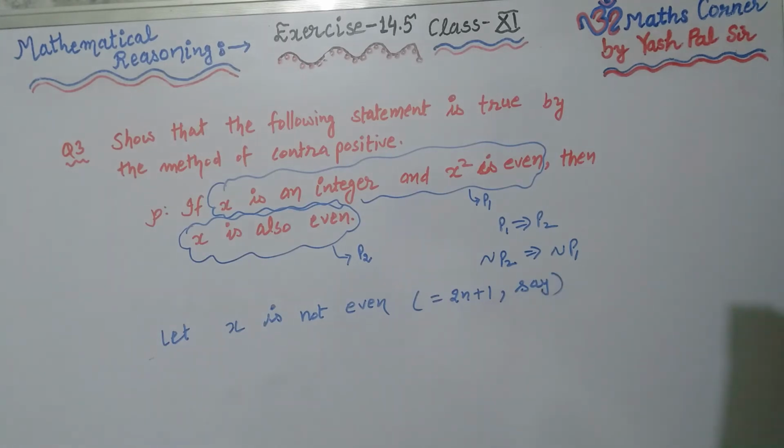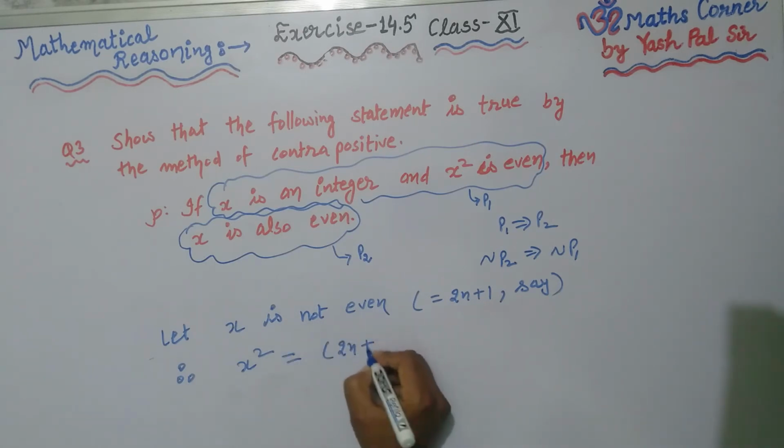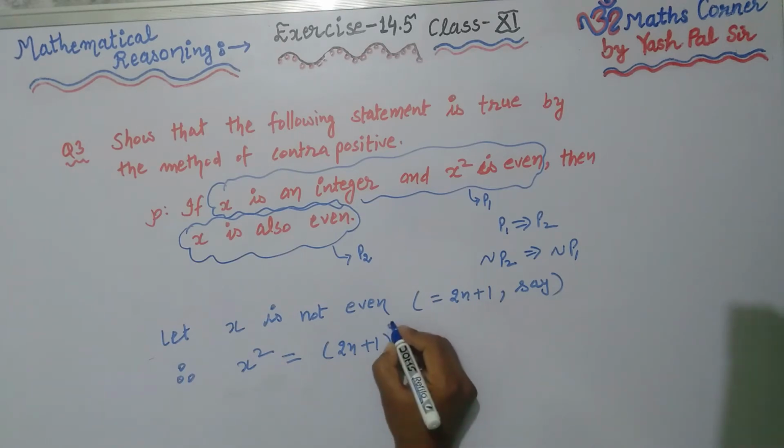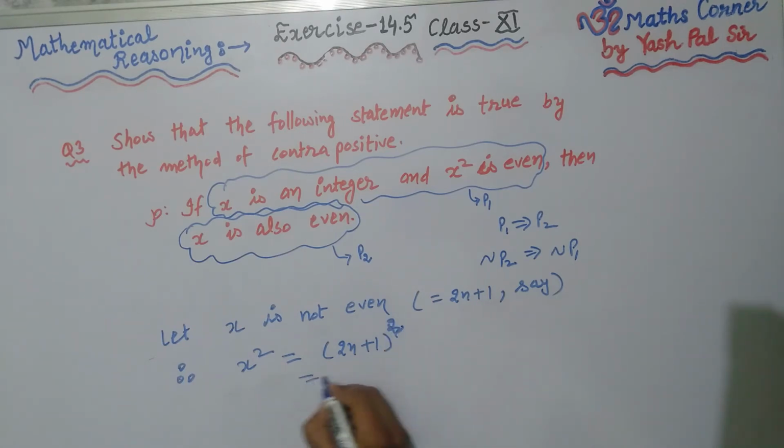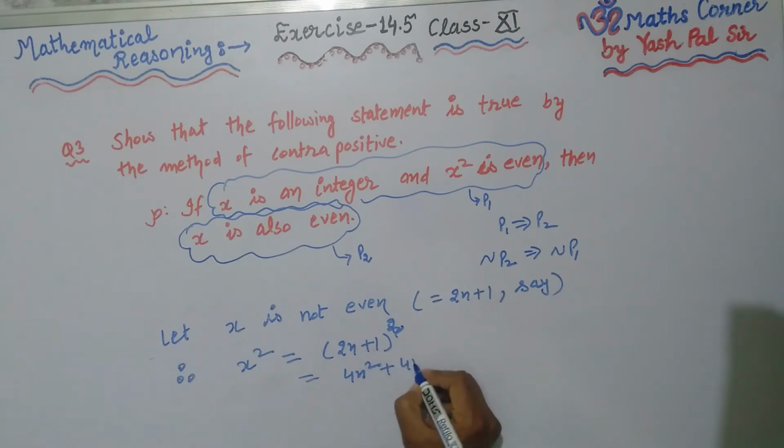See, so what is the square? X square is equal to 2n plus 1 whole square. This becomes 4n square plus 4n plus 1. Again we take 2 common, this becomes 2 times (2n square plus 2n) plus 1.